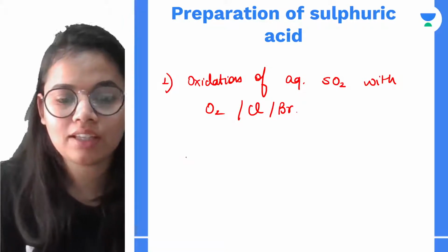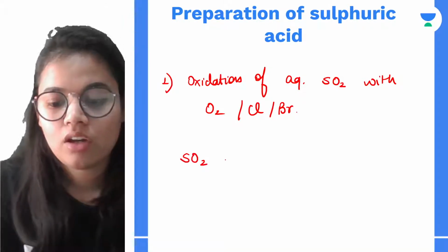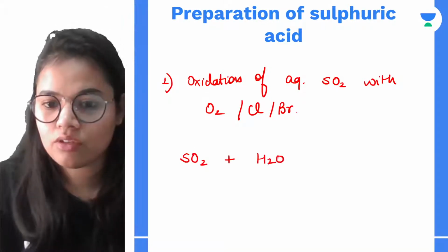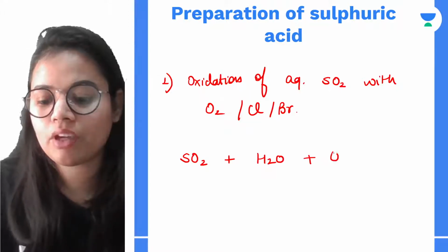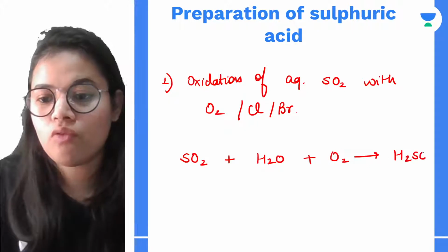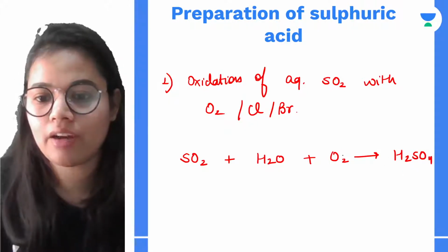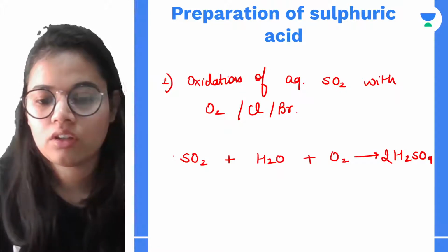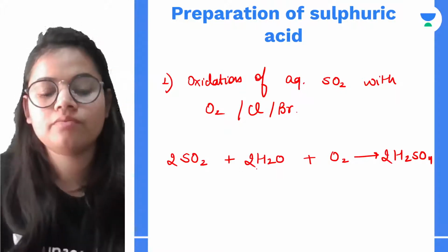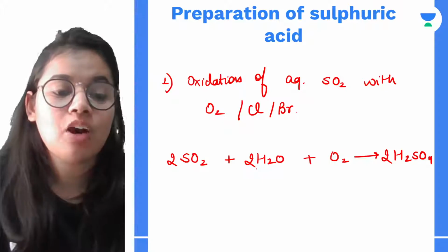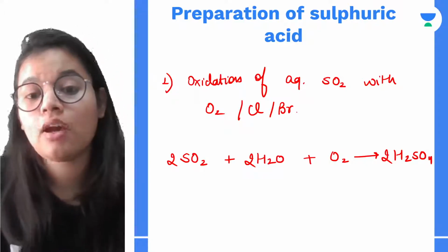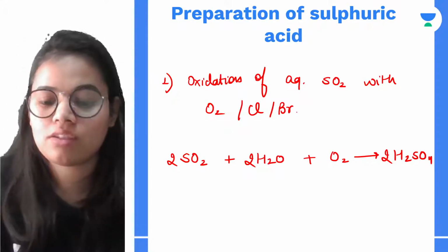See, we have taken sulfur dioxide and water, an aqueous solution, and if I go for oxygen, I will get H2SO4. Balancing the equation, we have 2, 2 and 2. So this is how we get sulfuric acid by oxygen.